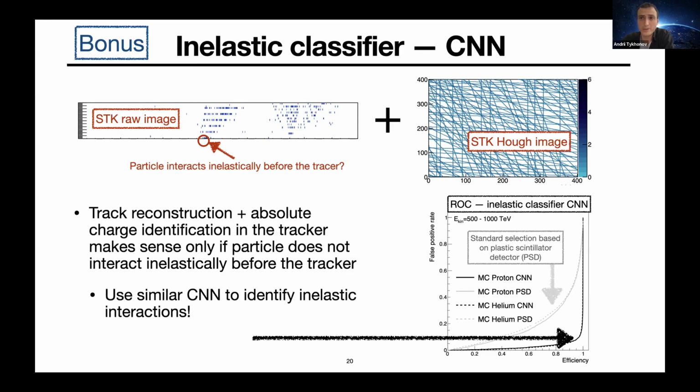So we basically use a similar type of neural network, in this case as a classifier. The only difference is that we use both the raw image of the tracker and the Hough transform image of the tracker. And this neural net makes a prediction whether a particle interacts inelastically or not. And the corresponding black ROC curve, you can see that it outperforms the standard algorithm significantly.